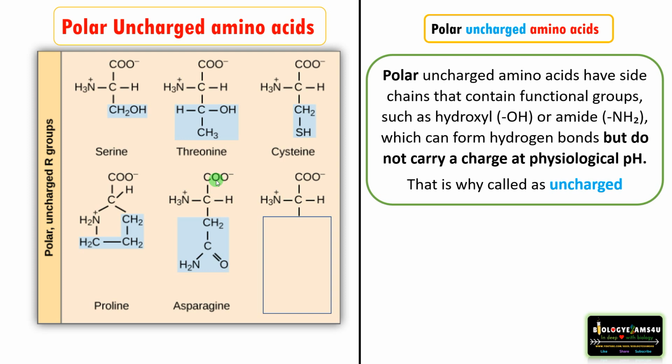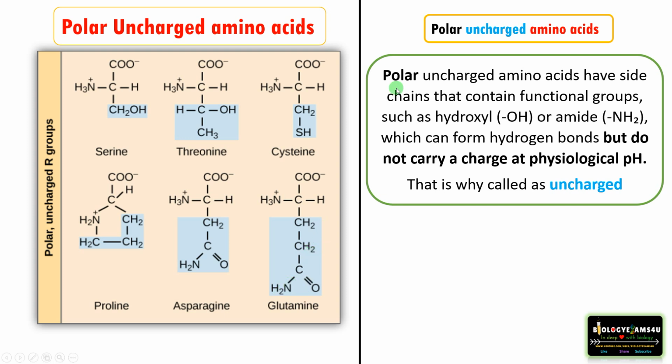The next in the list is asparagine. It has an amide group. This is the amide group in its side chain, polar and can form hydrogen bonds without ionization. And the next one is glutamine. Glutamine, as you see, is similar to asparagine with an additional methylene group, polar and involved in nitrogen transport in the body.